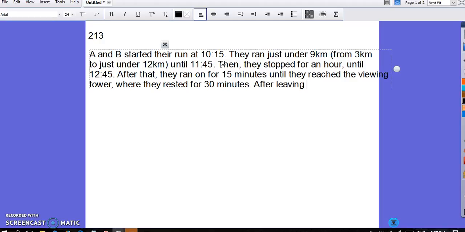After leaving the viewing tower, they ran for a further 15 minutes until they reached their destination.